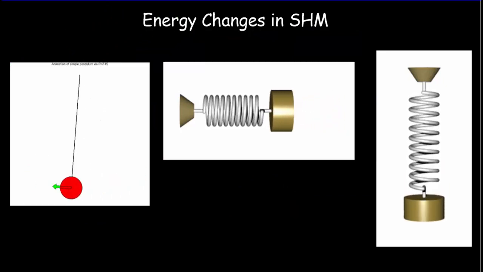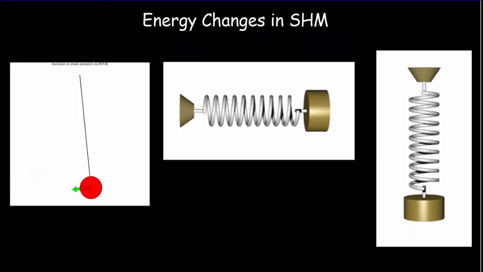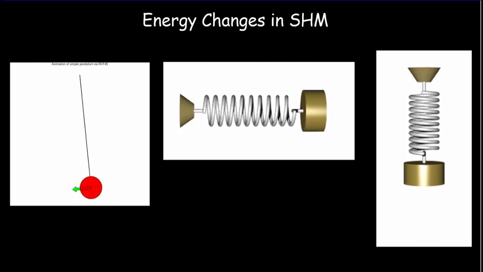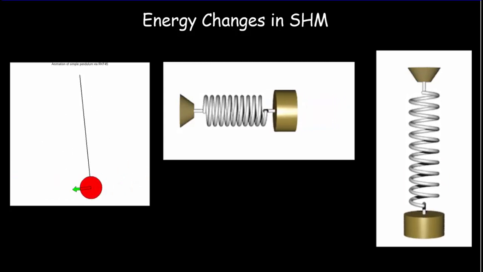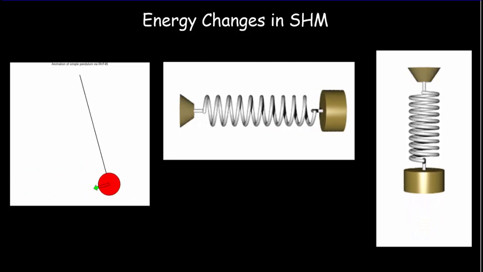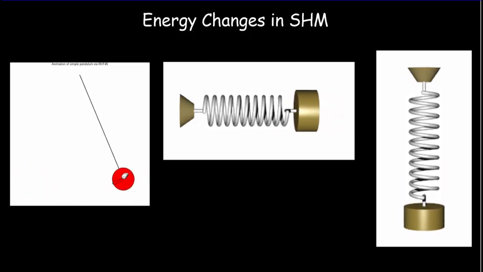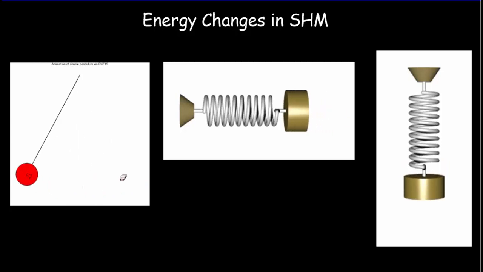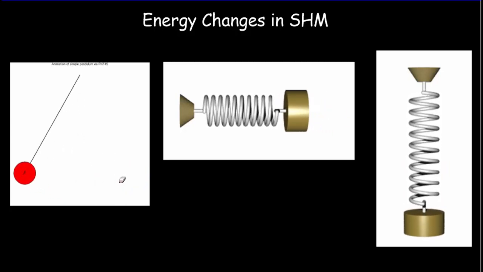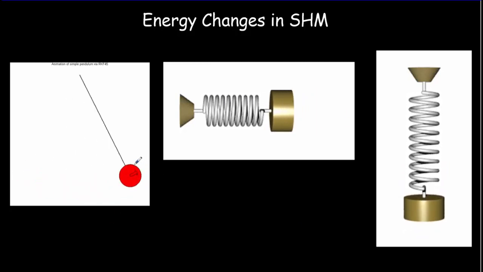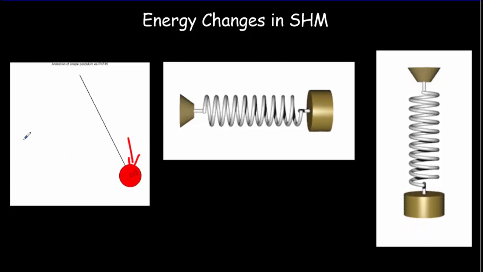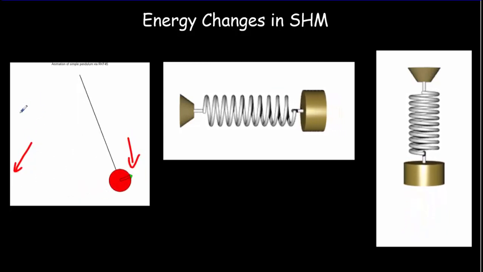What we'd like to do now is take a look at the energy transformations that occur in simple harmonic motion. And we'll go back to our classical systems, pendulum and mass on a spring. So the first thing to realize is that in any simple harmonic motion, you've got 0 speed at the endpoints. So for our pendulum here, here are the endpoints. You have 0 speed.